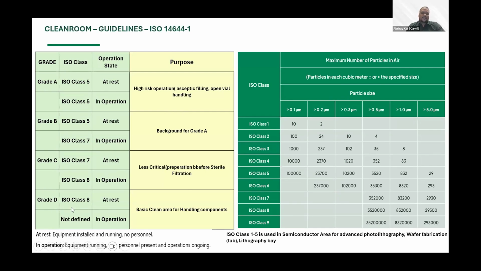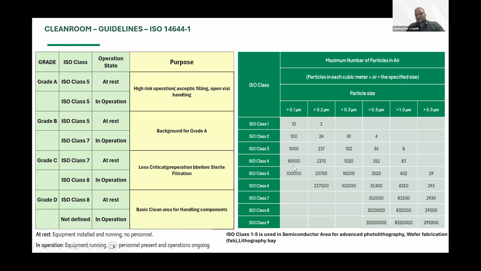Similarly, grade D is a basic clean area for handling components, and there is no defined classification when the area is in operation. But at rest, it should at least clear ISO class 8. Now, there are also classes called class 1 to class 5.